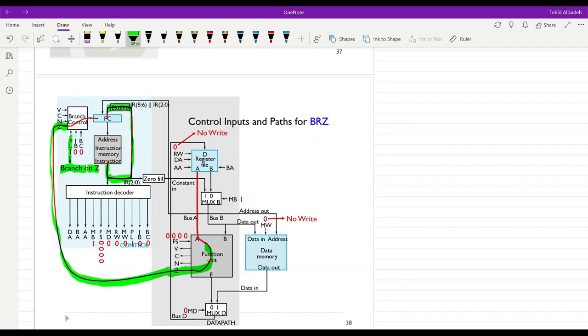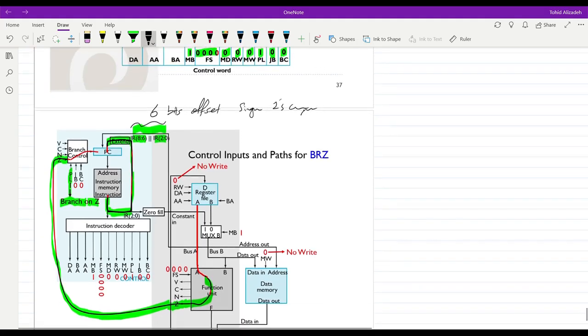So you should remember that we just combine bits 8 to 6 and bits 2 to 0 with each other in the form of 6 bits. So over here we have a 6-bit offset in the form of signed 2's complement, yeah, which could be then either positive or negative. It will be added to the program counter.